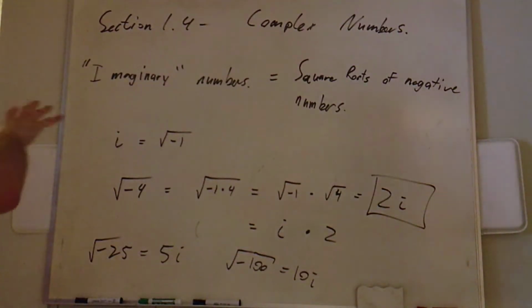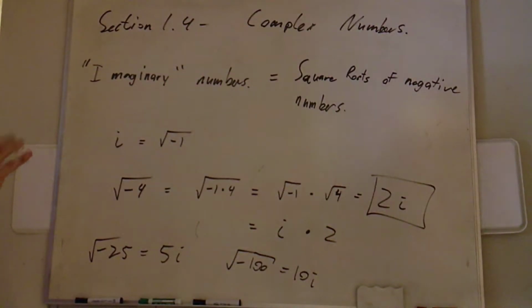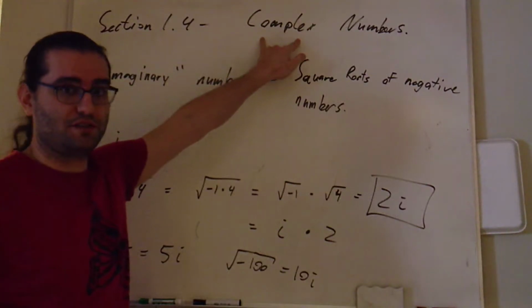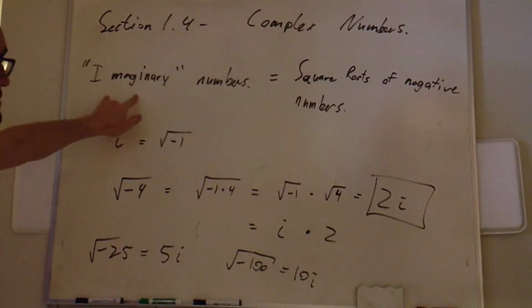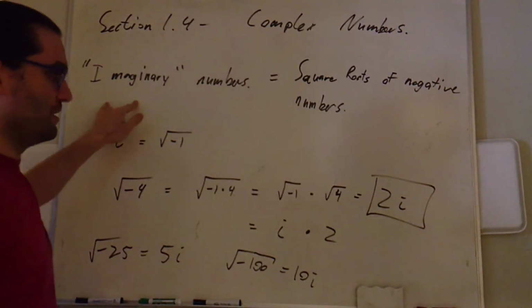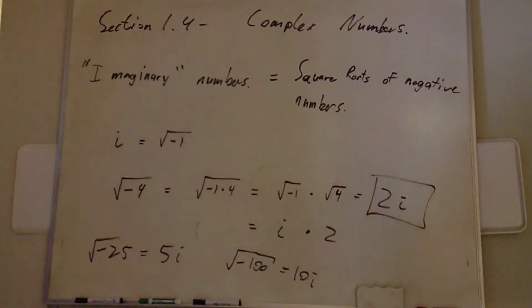So, this is imaginary numbers. Astute viewers will notice that this section is about complex numbers, not imaginary numbers. So what's the difference between a complex number and an imaginary number? I'm glad you asked. That's what I'm going to talk about right now, as soon as I find an eraser.